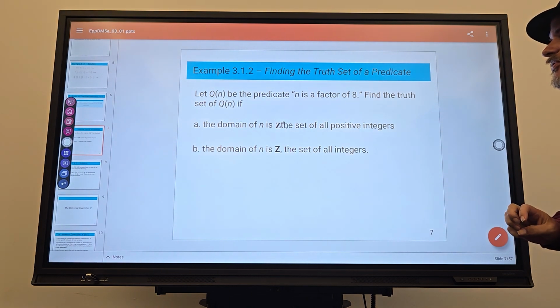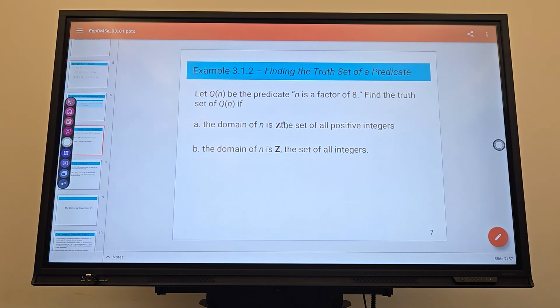Let Q of n be the predicate n is a factor of 8. Find the truth set of Q of n if the domain of n is positive integers, or the domain of n is all integers.